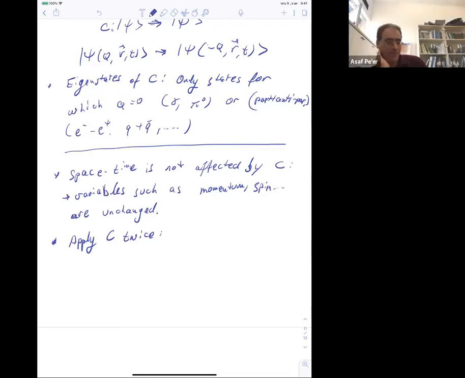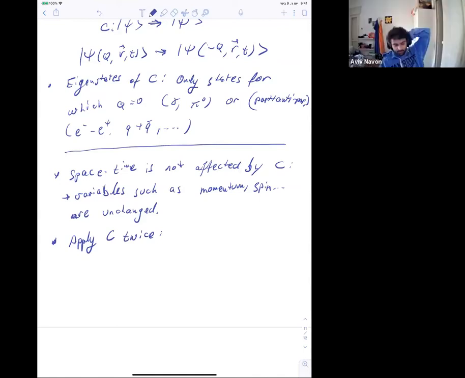It's not nothing. So what are the eigenvalues of C? Plus minus 1 again? Yeah, very good.